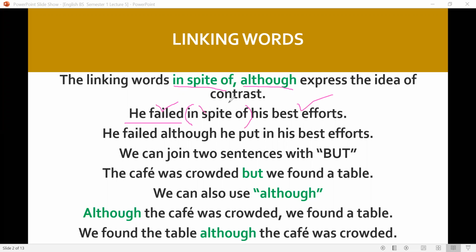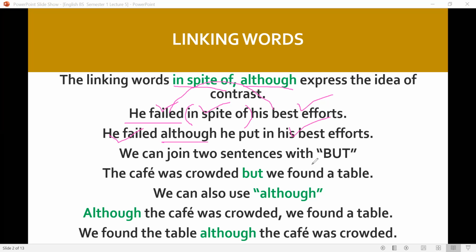In spite of all he did, he was not able to pass the examination or pass some test. He failed. So this is the contrasting view. He failed although he put in his best efforts. When we want to contrast two things, we use in spite of and although.